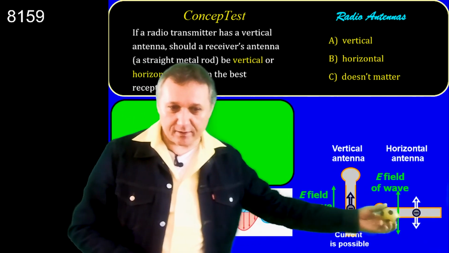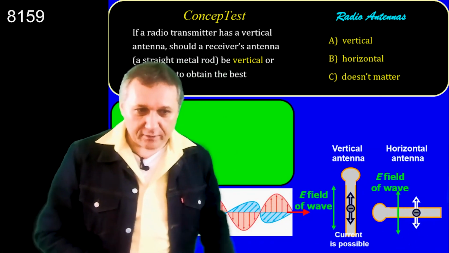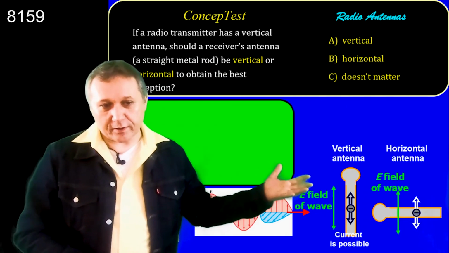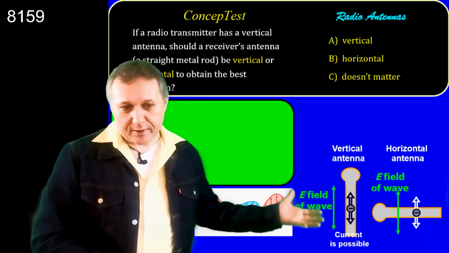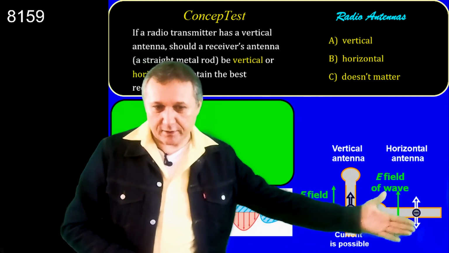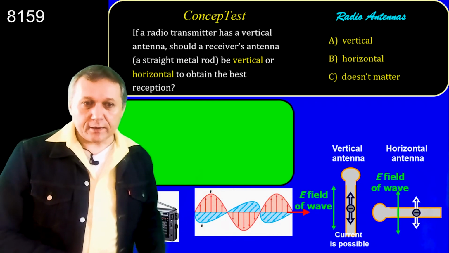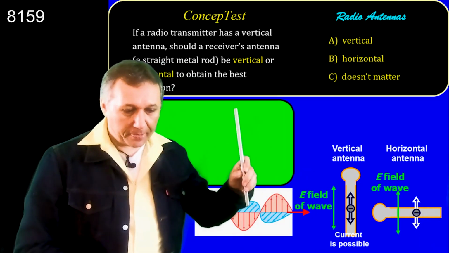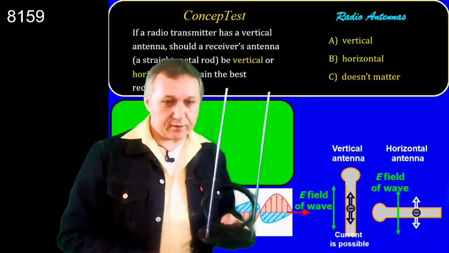As a result, the current will be minuscule, on the level of noise, and you cannot get a signal from the electromagnetic wave. In this case, you will get nothing in your radio. So this antenna, a straight rod like the one I have here, you see, a typical antenna.